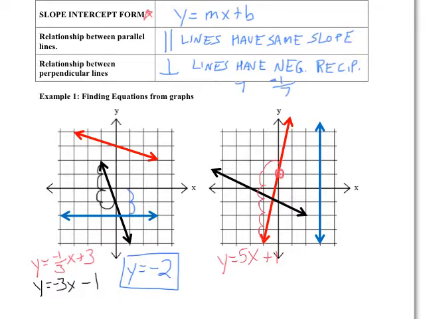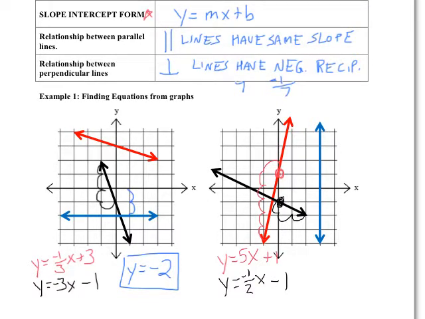Our black line has a y-intercept of negative 1, so y equals something minus 1, and it looks like our slope is down 1, run 2.